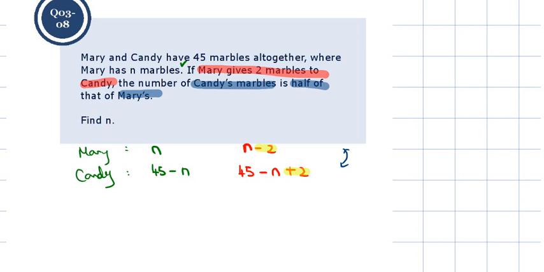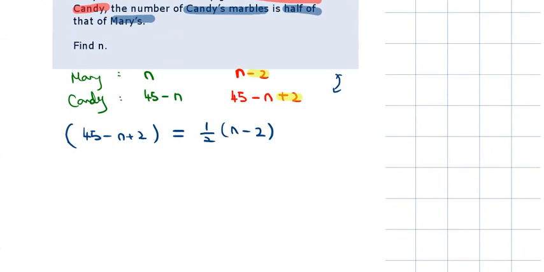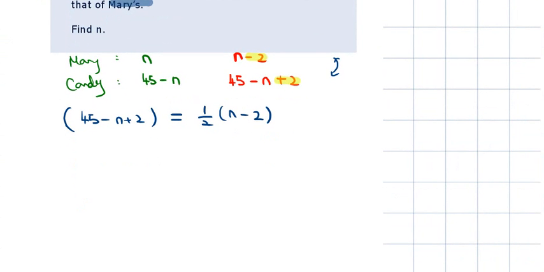The number of Candy's marbles, which is 45 minus n plus 2, is equal to a half of Mary's. How many are Mary's? Well, n minus 2. So let's just solve that equation, because we just need to find n.